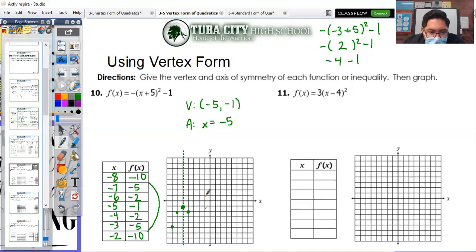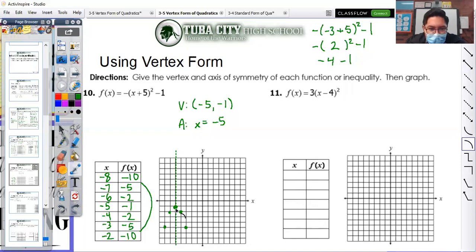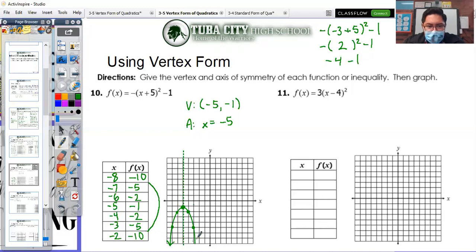And then -3, -5. There you go. So now we have our parabola graphed. Let's go ahead and complete this. And it does kind of look like our initial drawing, the one we started out with. There we go. We got everything on this one.